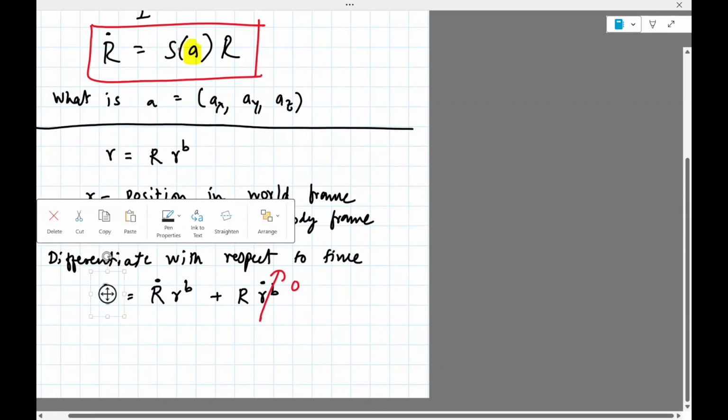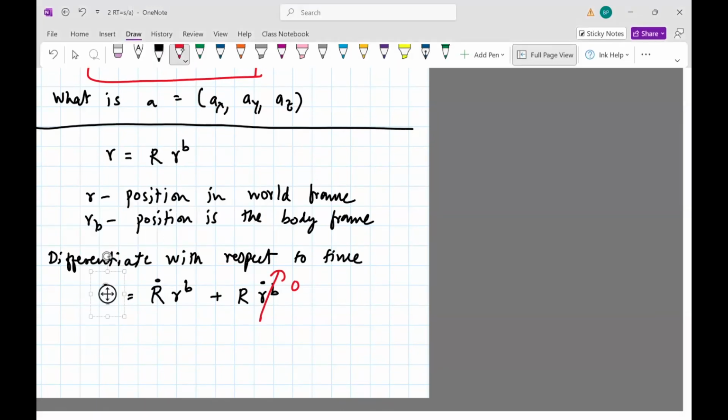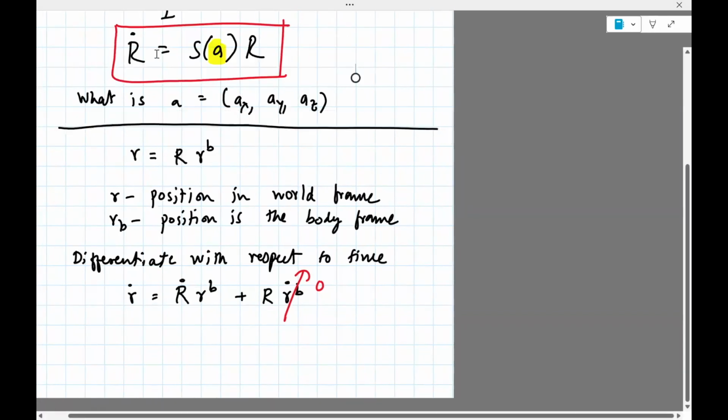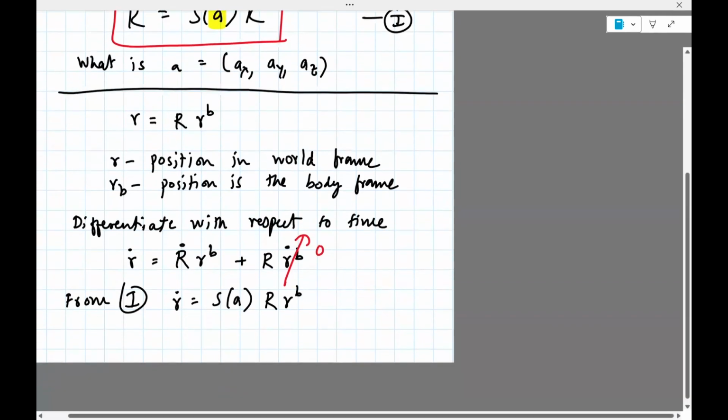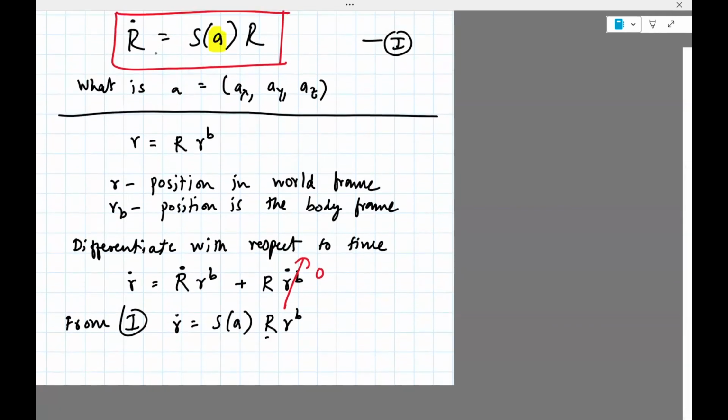Now we'll substitute from 1. 1 is the expression we wrote down last time, R dot equals S of A times R times RB. But what is R times RB?